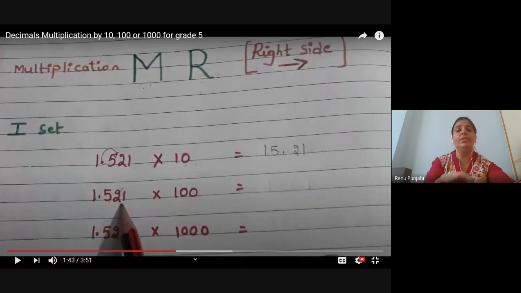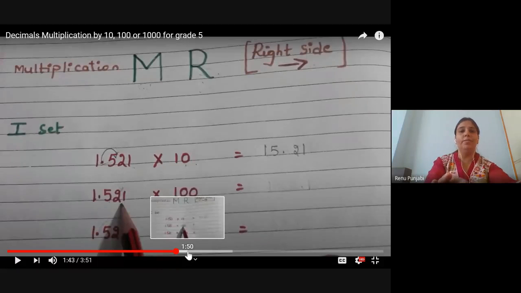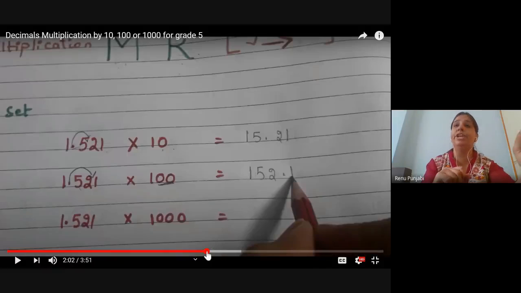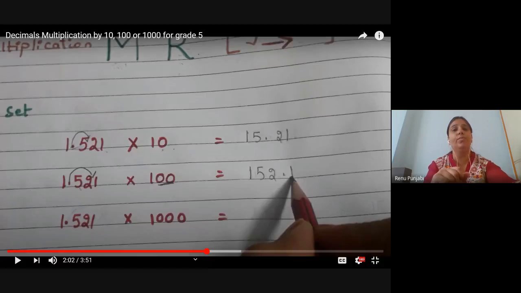You are reading the whole numbers also single digits, I have observed. Wait, just check. It will shift two places. It will become 152.1. So you will not read it as 152 and 1, you will say 152 point 1.